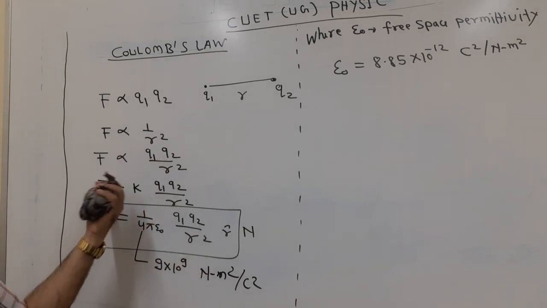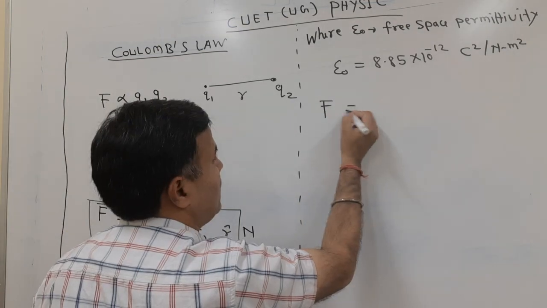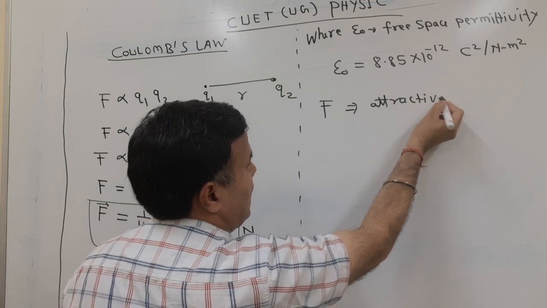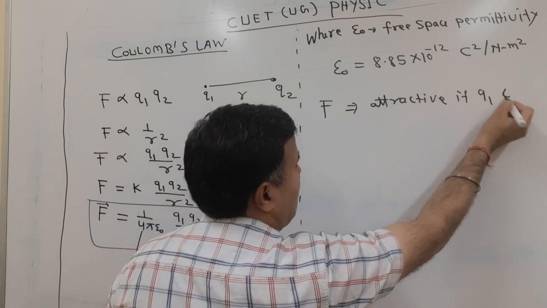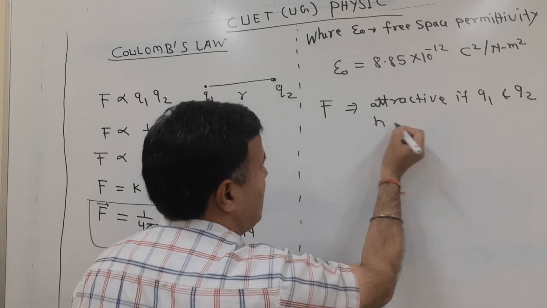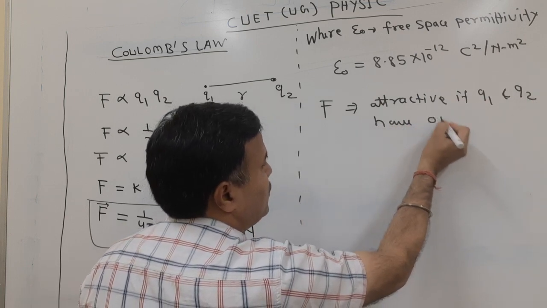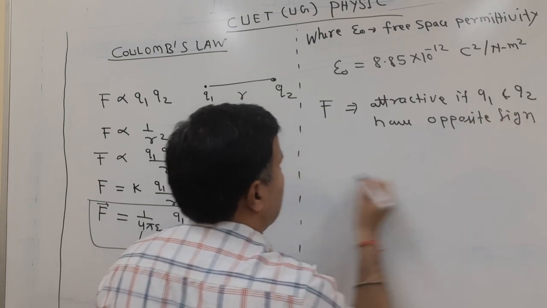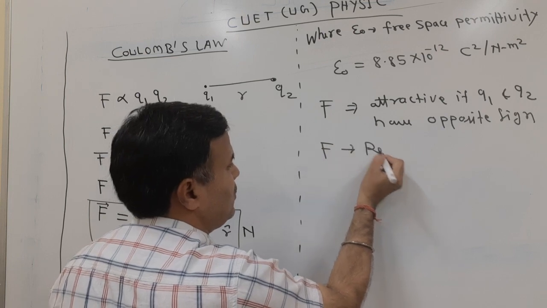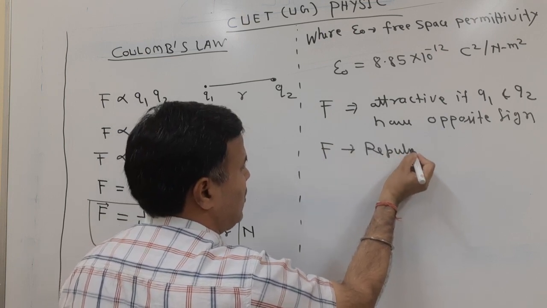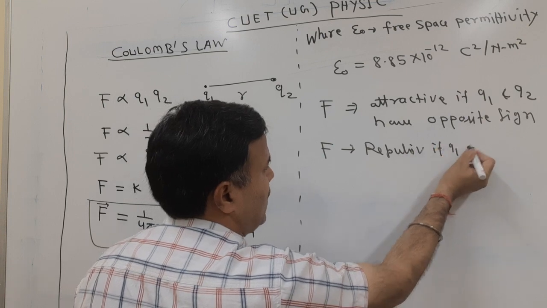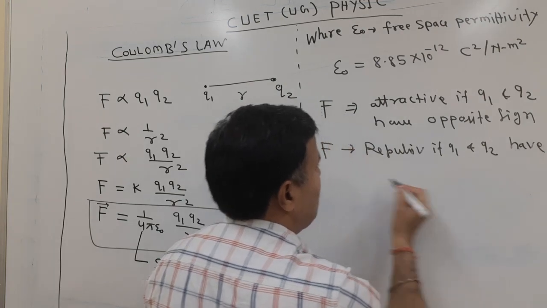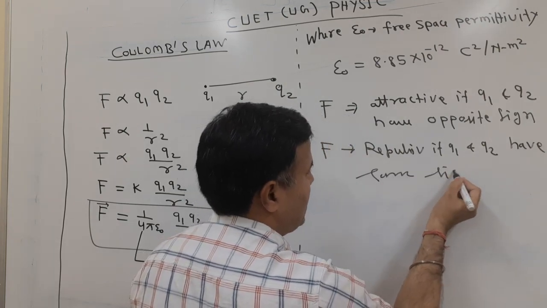This force F is attractive if q1 and q2 have opposite sign, and it is repulsive if q1 and q2 have the same sign.